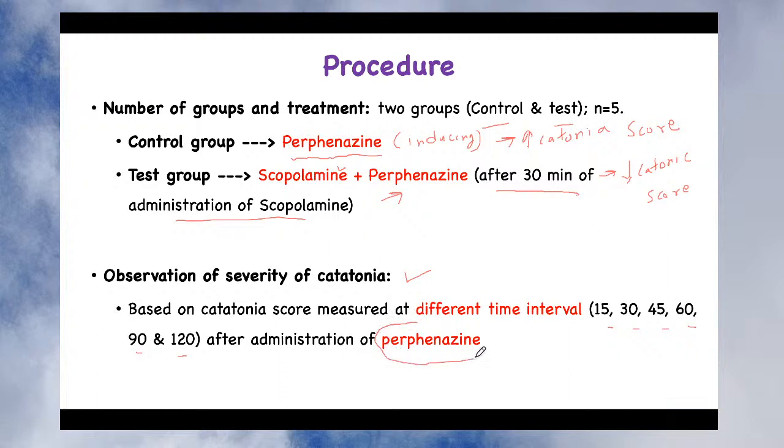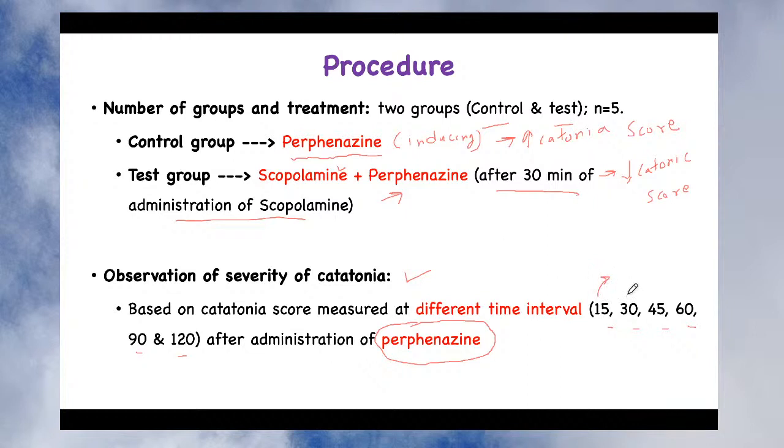So you need to observe the severity of catatonia based on the catatonia score that you measure at these time intervals after administration of perphenazine. It means you have administered scopolamine, 30 minutes after scopolamine you have administered perphenazine, and after 15 minutes of administering perphenazine, you will be measuring the score for the first time.